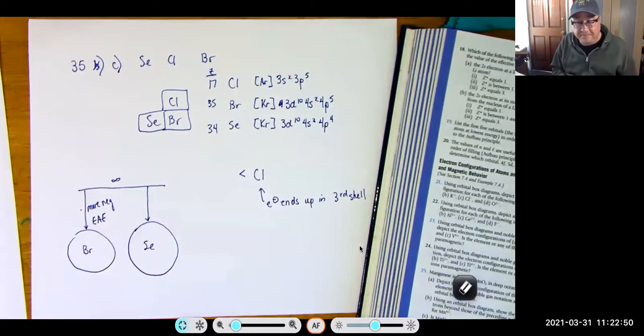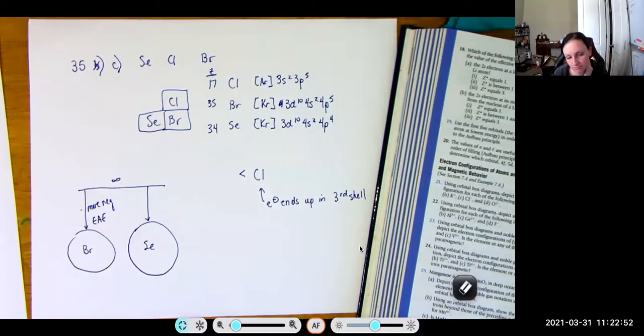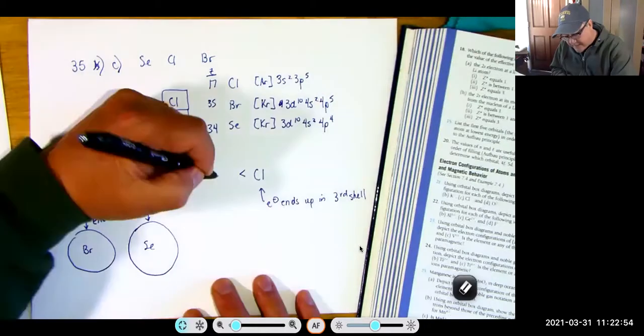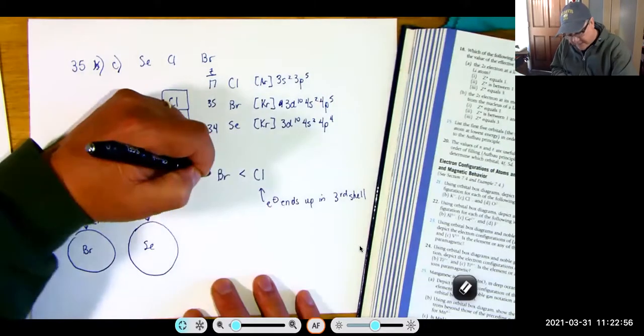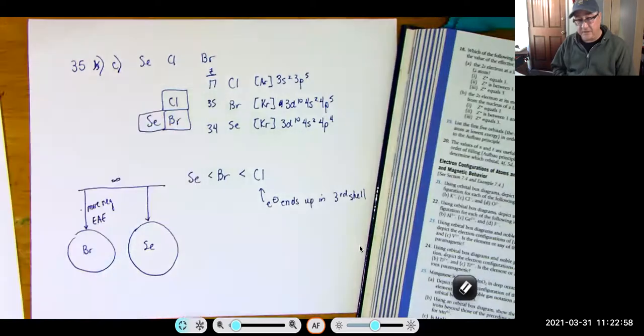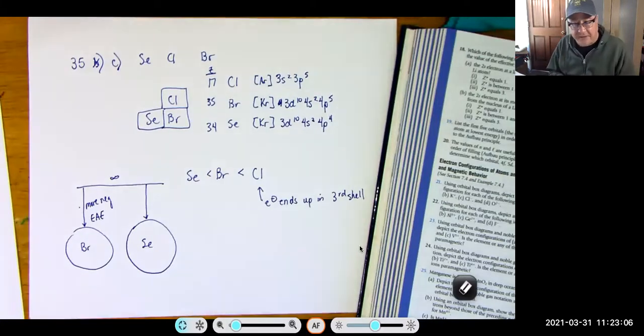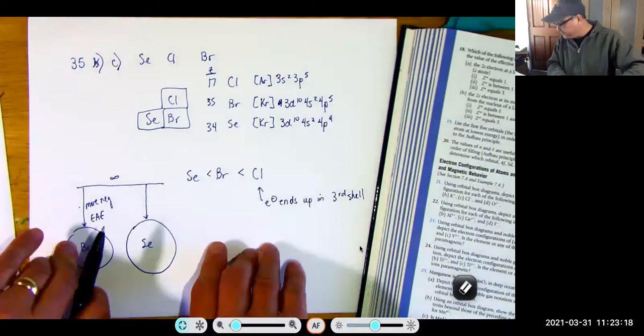So here we're going to put bromine next, and then we're going to put selenium last. This particular question allowed us to compare not only what happens if they're in the same period, but what happens if they're in the same group. And then 35D, which has the largest radius?